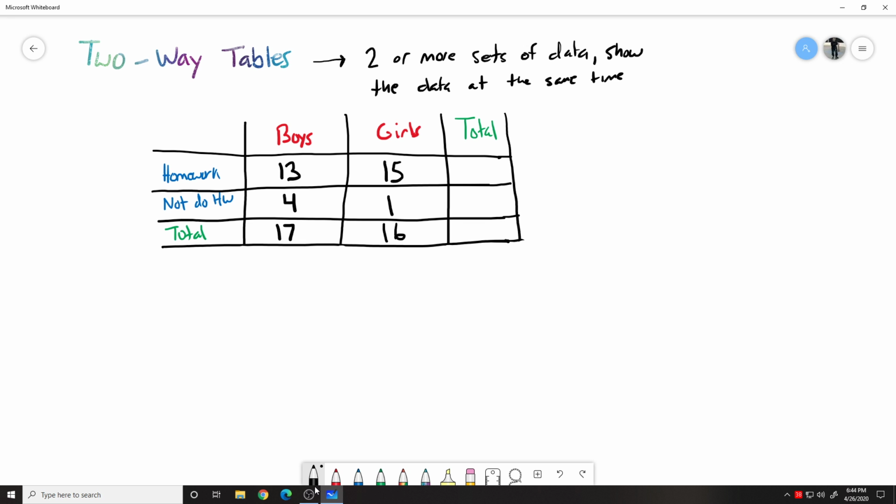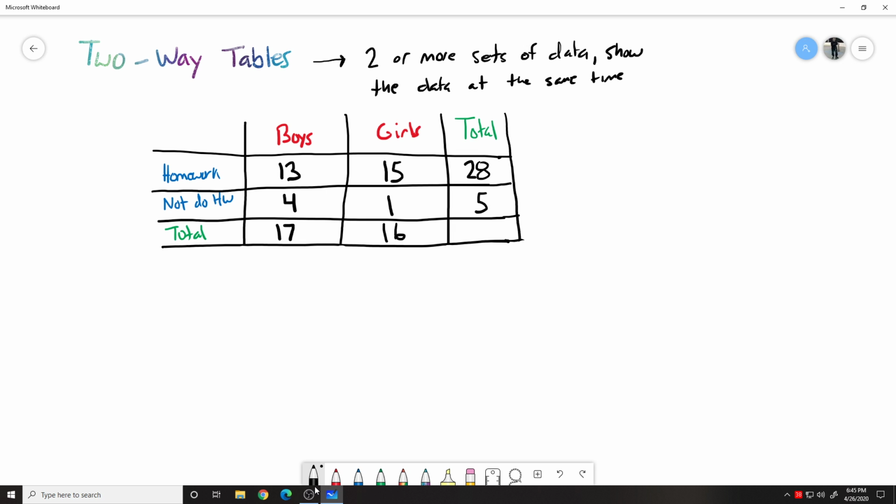The people that did their homework would be 15 plus 13. That would be 28 people in total who did their homework. How many people in total didn't do their homework, whether they were a boy or a girl? 4 plus 1 is 5. So 5 in total didn't do their homework.